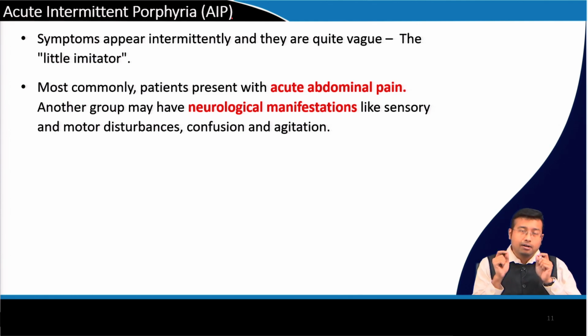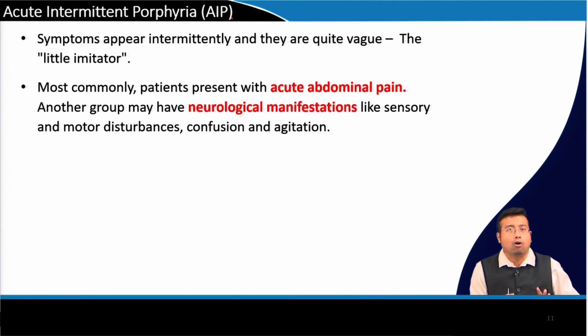Mind it, in medical science there are multiple reasons for pain abdomen. For example, even now you can probably list multiple reasons, such as problems in the gallbladder, appendix, stomach, pancreas, and so on. There are multiple organs where there might be some defect and that can lead to pain abdomen, but this is a medical reason where there is a problem in metabolism and it presents with acute pain abdomen.